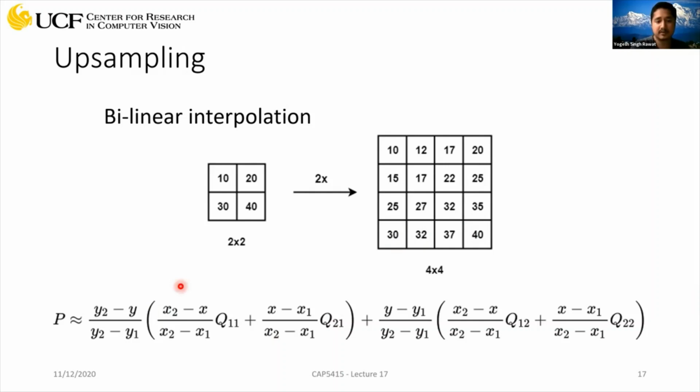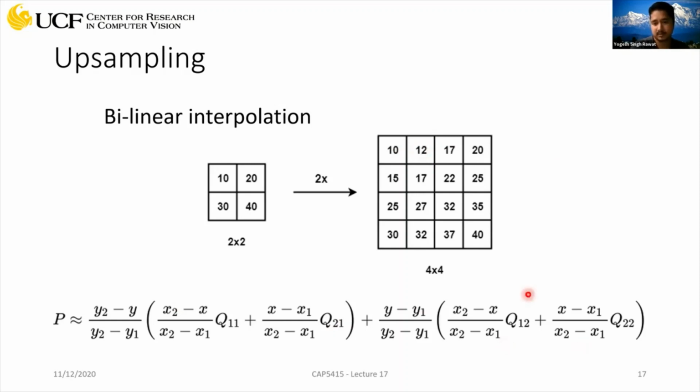But we will need the full equation when we have a location, something like this in between. For this one, the 4 nearest known values are these 4. So first we perform linear interpolation along this direction, and we get this value, which is done by this operation. Then we perform linear interpolation between these two in the X direction and get this value.